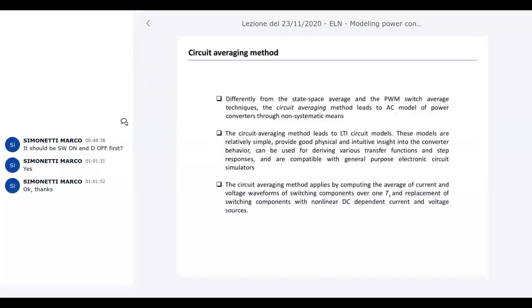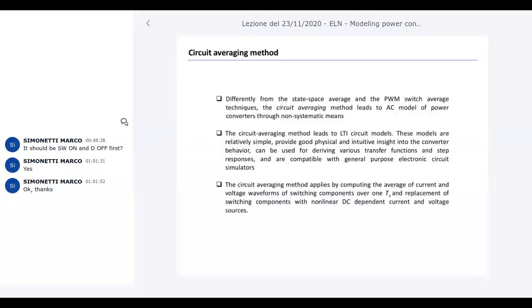We saw the state space averaging technique, a mathematical method, always correct if you write the correct differential equations, but maybe somewhat longer and complicated. Then we saw the switch averaging method, or the PWM switch averaging technique.